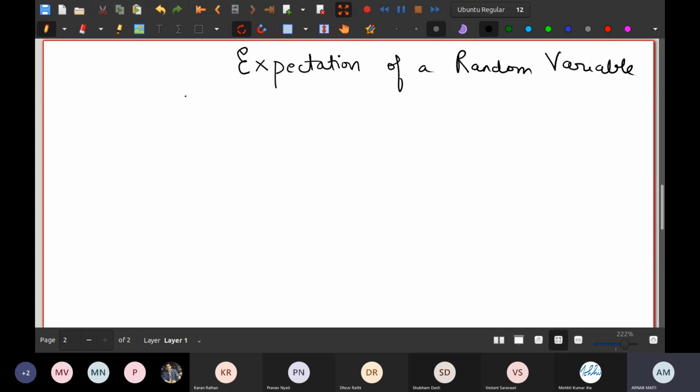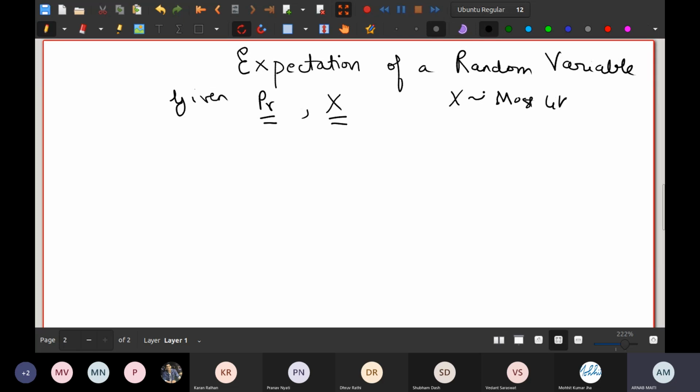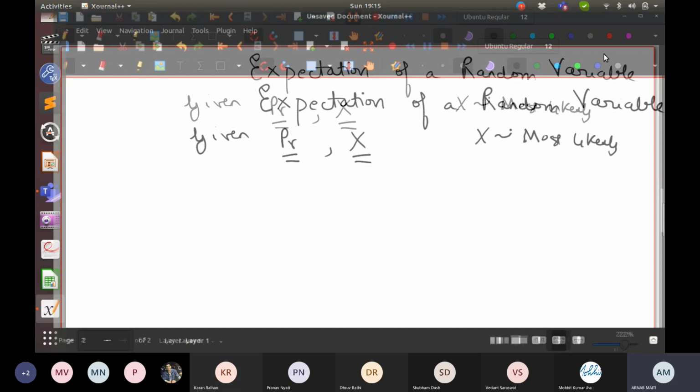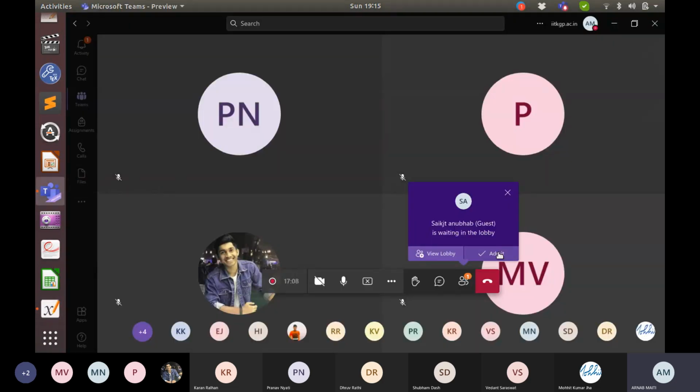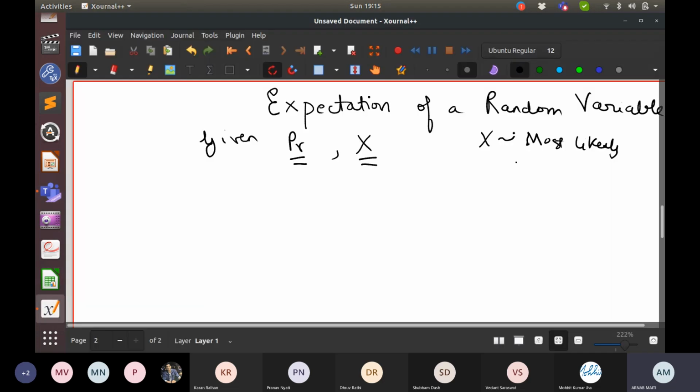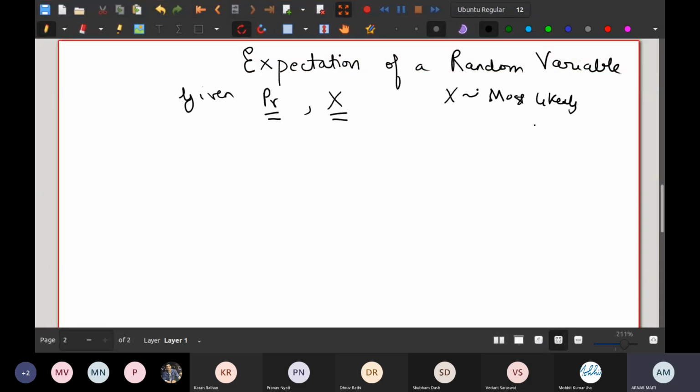Given a probability function and a random variable, intuitively we would try to find out what is the most likely value of X. Like intuitively we would like to know.